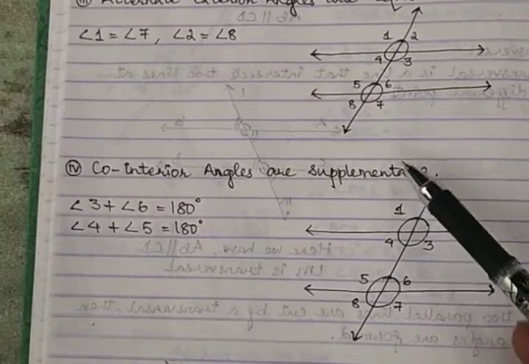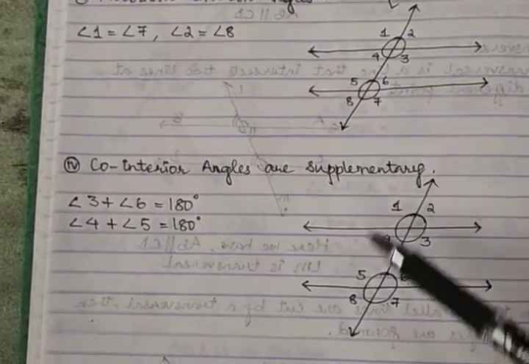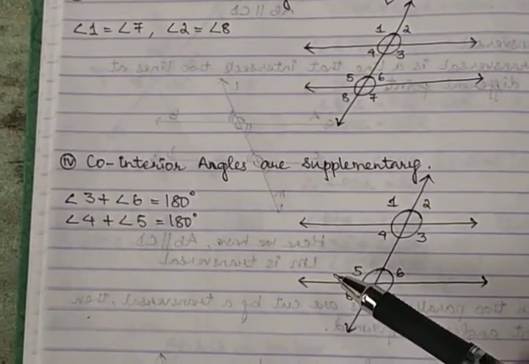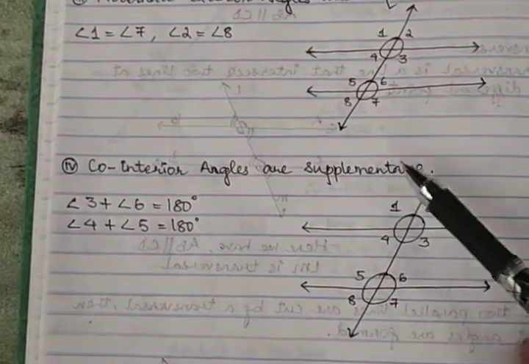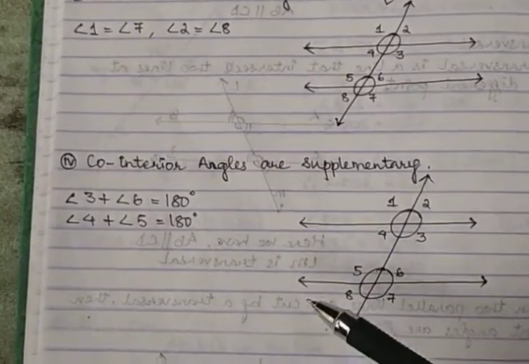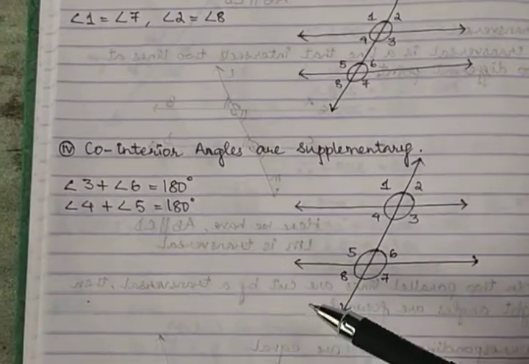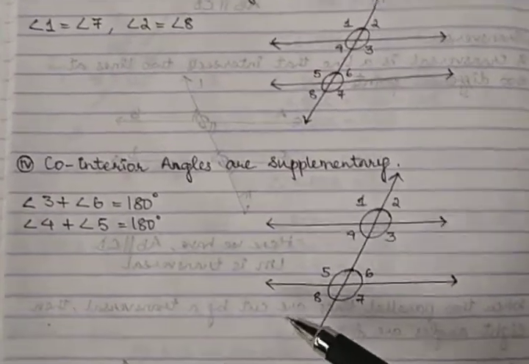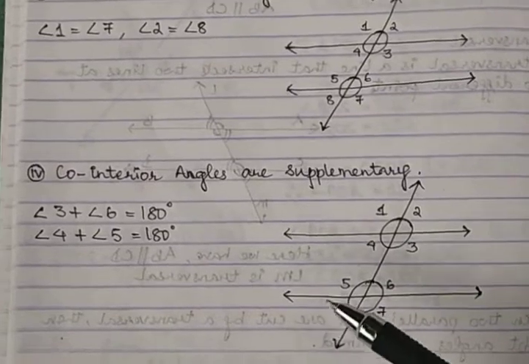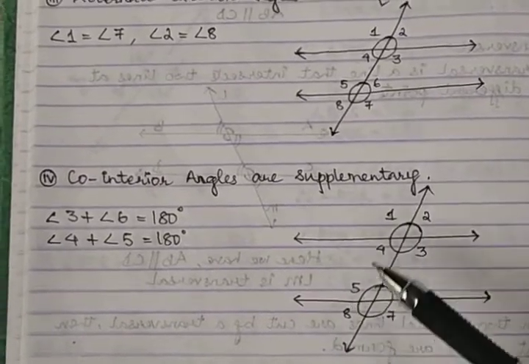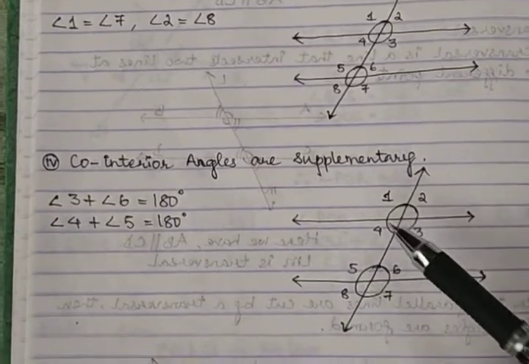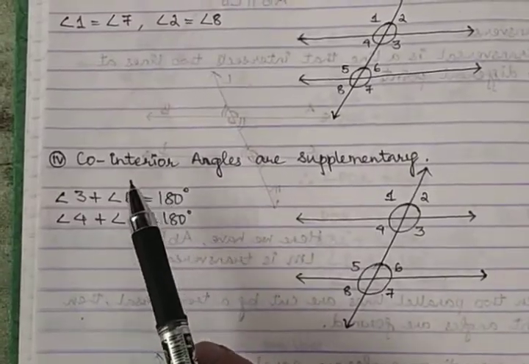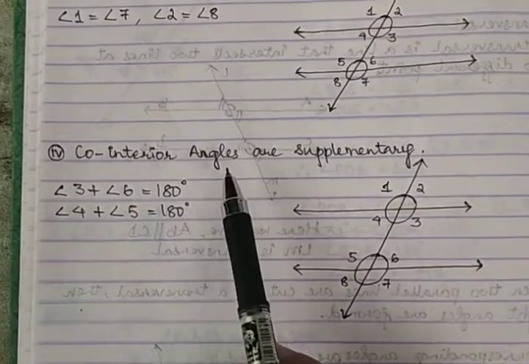See, this is how the basics support every topic. Because this term supplementary we have learned from the basics, isn't it? So here also we need that, because they have used the term supplementary. Supplementary means 180 degrees, isn't it? That's what we know. So the statement given here is that co-interior angles are supplementary.